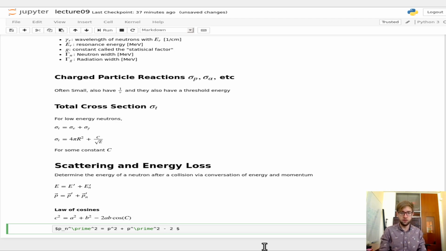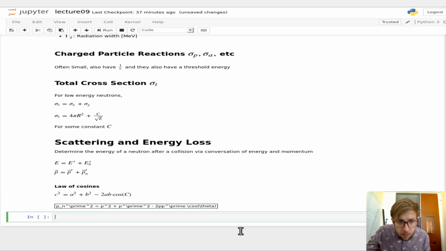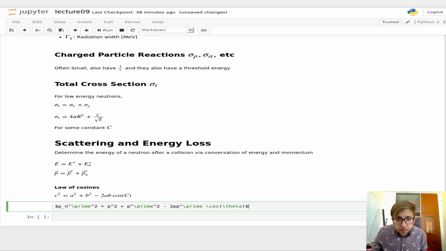minus 2 times p times the momentum prime, the momentum afterwards, times the cosine of theta in this case. Oops. Something is not happy with me.